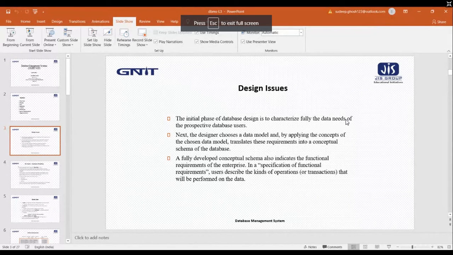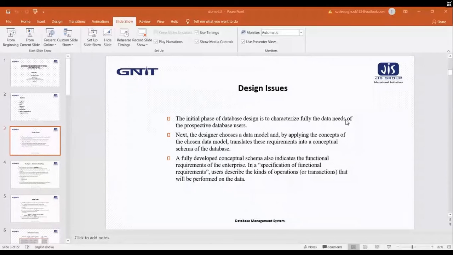Is it clear to you? Is it properly visible? Yes, ma'am. Okay. As it is properly visible, then it's okay.